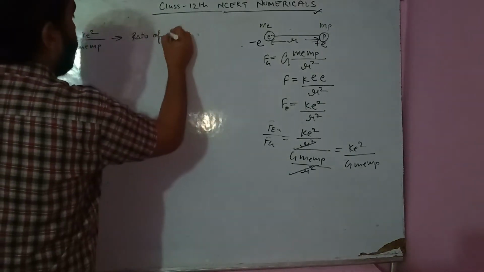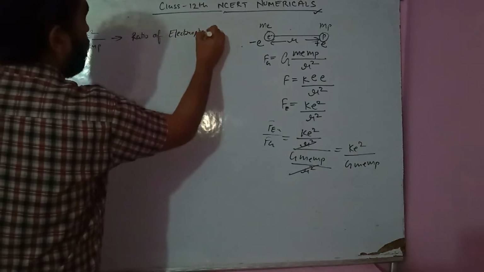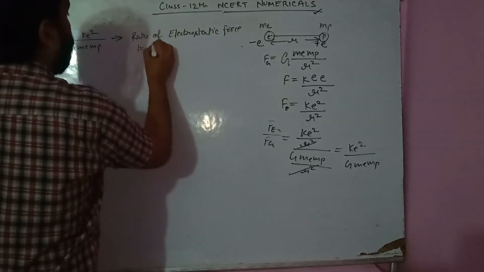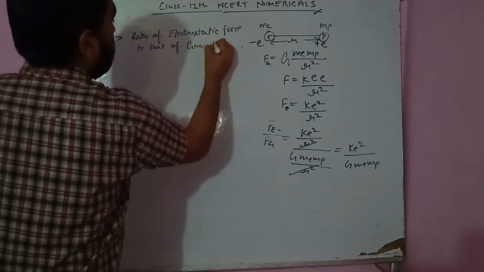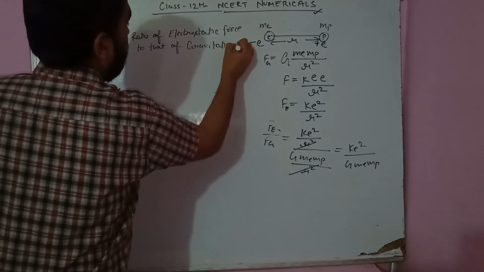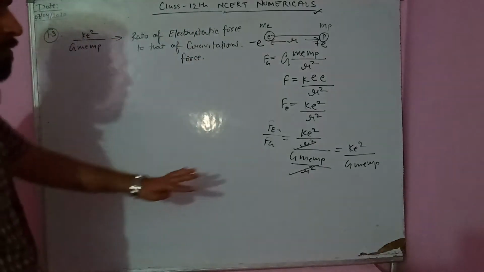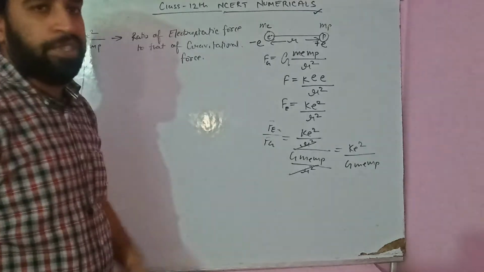Electrostatic. So it represents the ratio of electrostatic force to that of gravitational force. This was the first answer. They were also asking whether it is dimensionless. This is dimensionless because this is the ratio of both the forces.